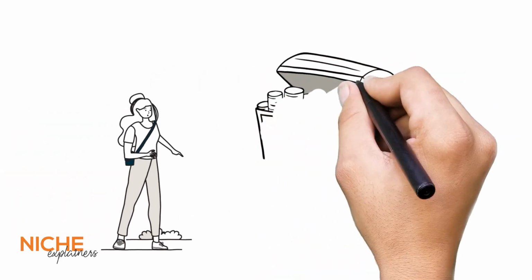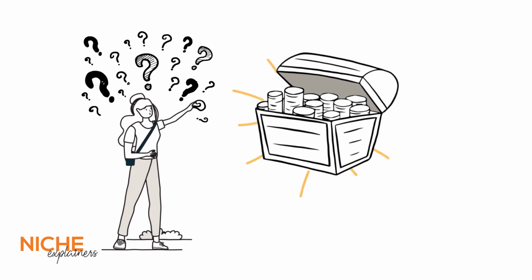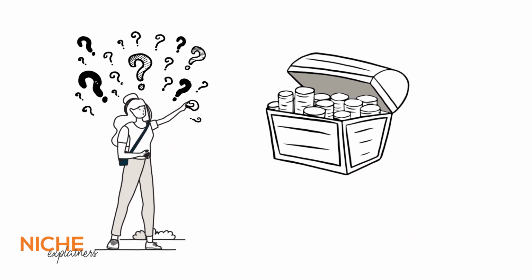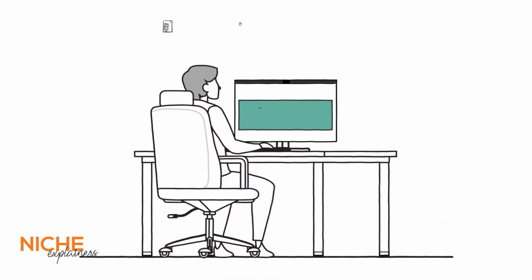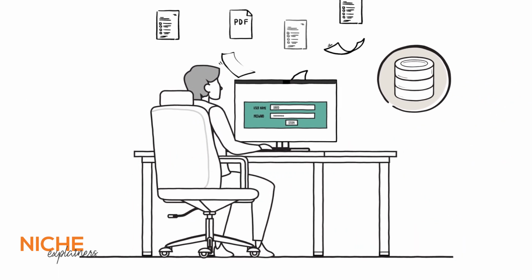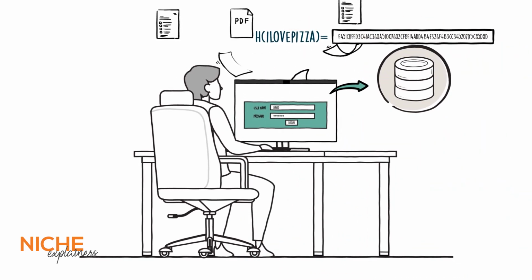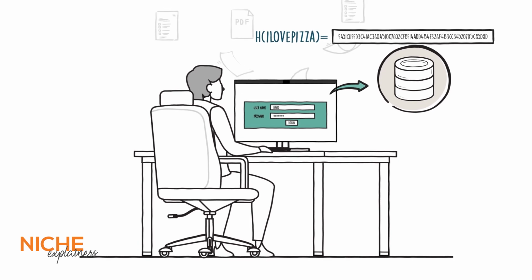You might wonder when in real life, in the corporate world, you might encounter a situation like the treasure hunt. In fact, every time you log into a website with a password, you are comparing hashes. When you first register an account on a website and you set a password, the website does not store your password into their database for security reasons.